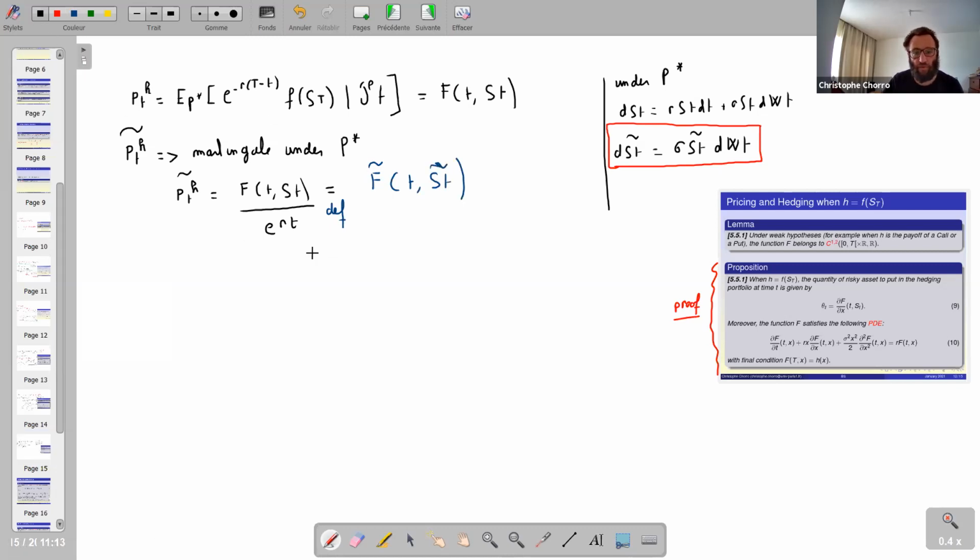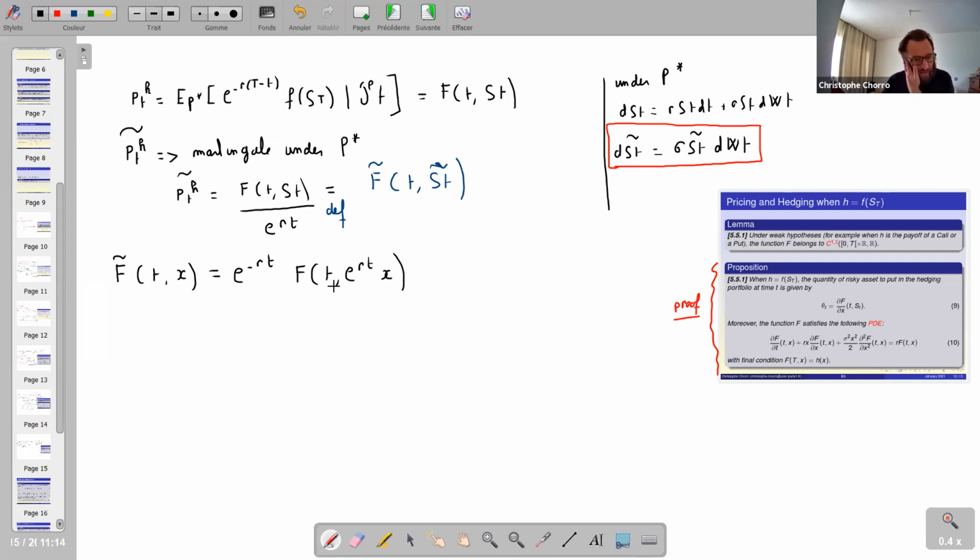In particular, F tilde of T, x is simply equal to, I just have to plug in, using the fact that S_T tilde is equal to S_T over exponential RT, exponential minus RT F of T, exponential RT x.